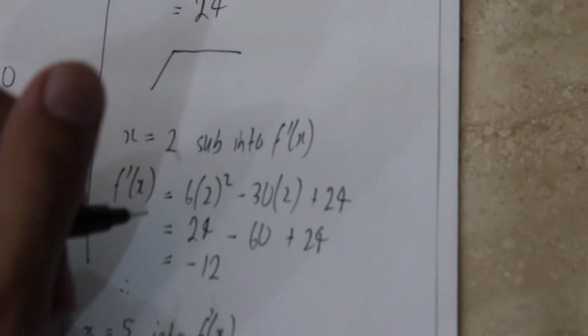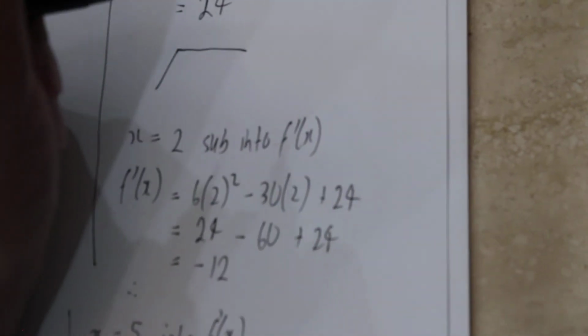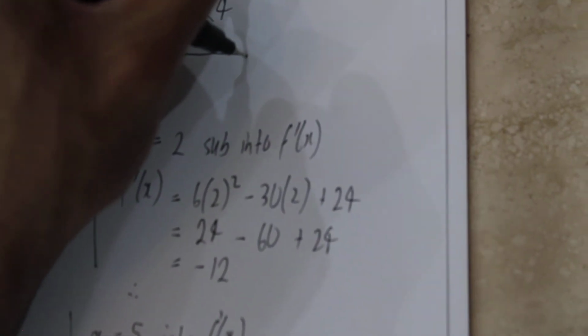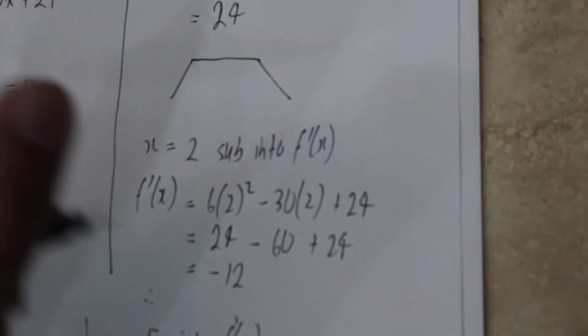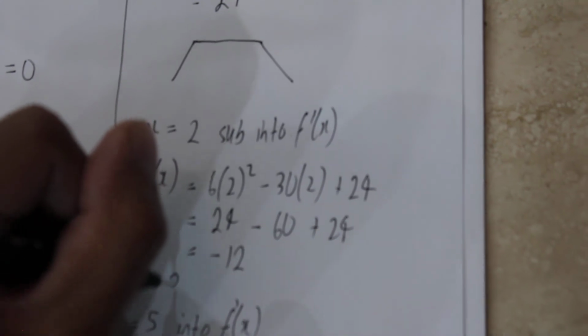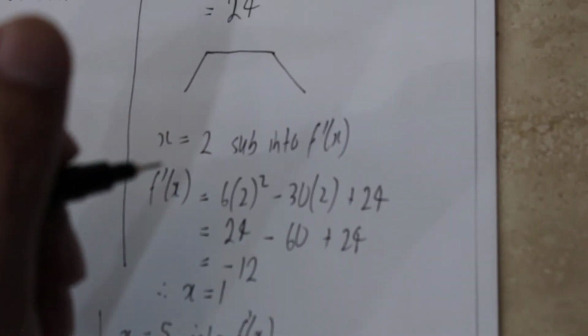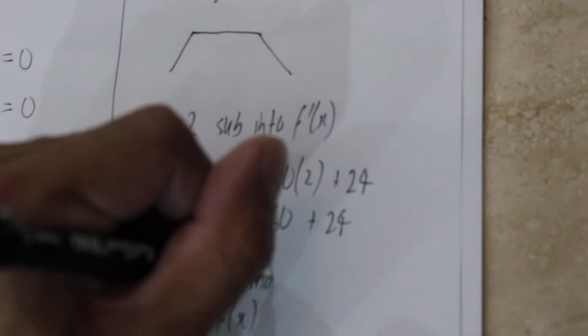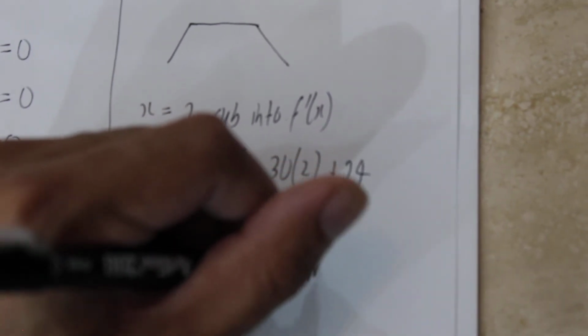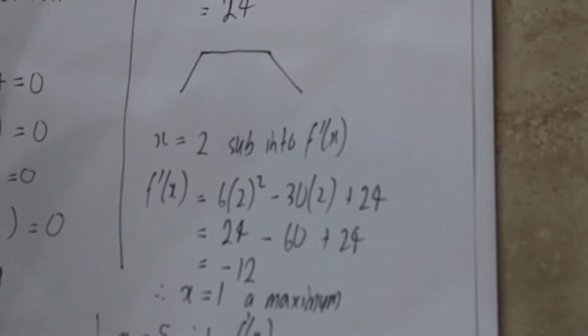Therefore, this is a negative slope, and this makes x equals 1 a maximum point.